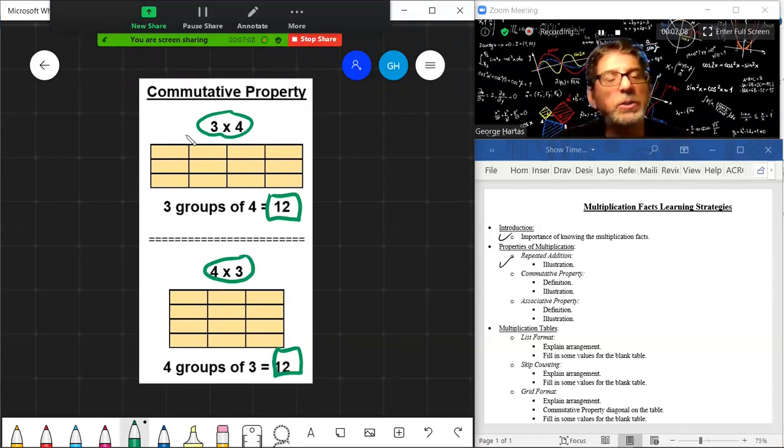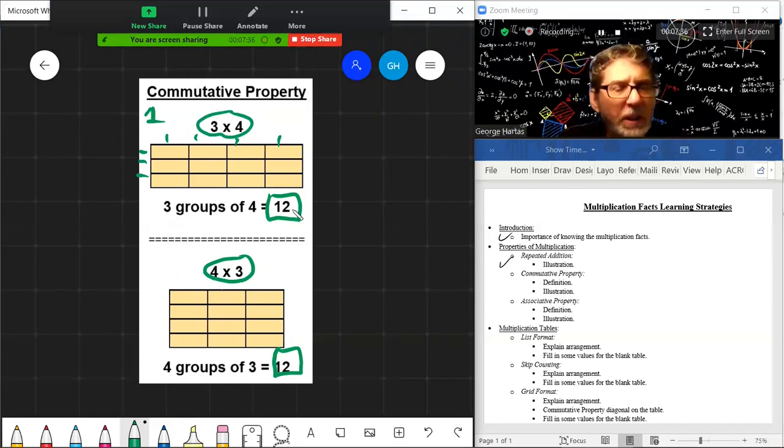Here in this first example, the 3 represents the rows, 1, 2, 3. The 4 represents the columns, 1, 2, 3, 4. When you multiply that, you have 3 rows by 4 columns. Well, 3 times 4 is 12. You can say that 3 groups of 4 equals 12.